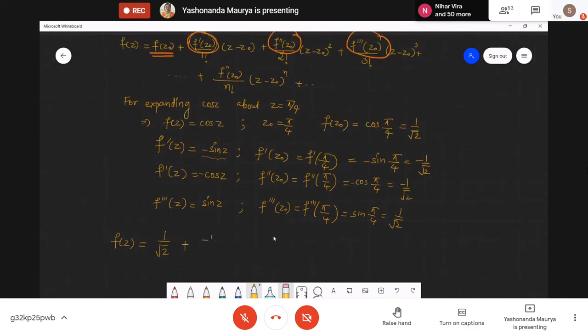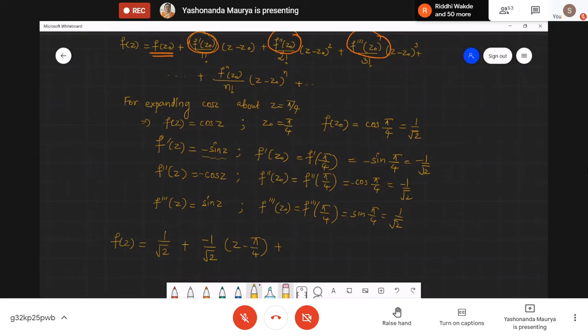Yes, it will be minus 1 by root 2 into z minus z0. I'll write the value of z0 also, which is pi by 4. Plus, and this 1 factorial is 1, so I am not making any changes here.